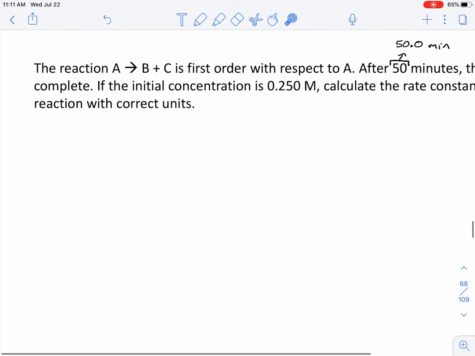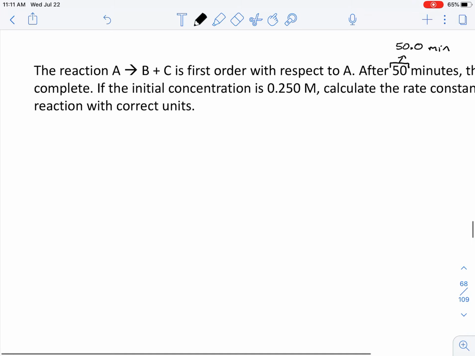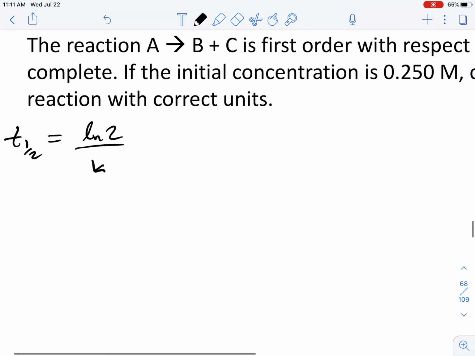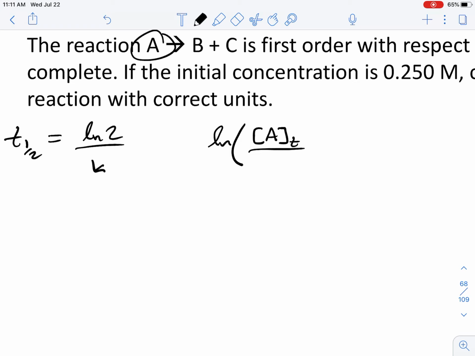Just for consistency, I'm going to write the half-life equation for first order. That's T1/2 is equal to natural log of 2 over the rate constant k. And I'm going to write the equation for the integrated rate law with respect to A, since this is my reactant.